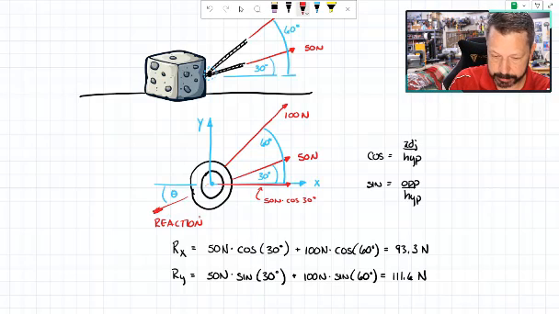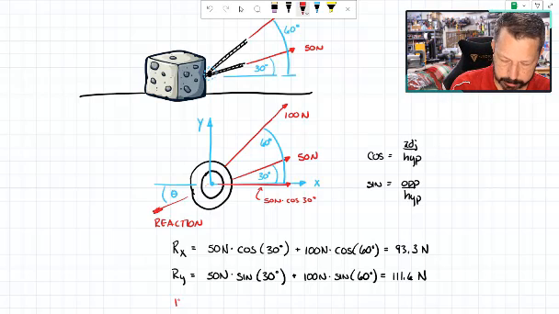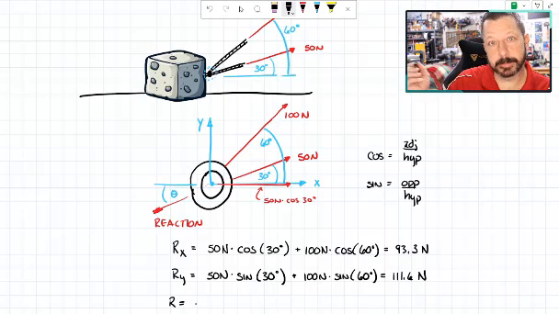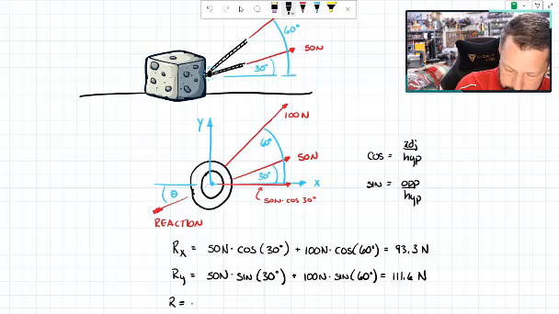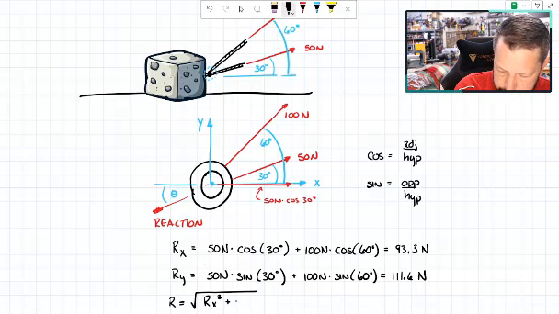So the actual resultant, to get the magnitude R, you would use the Pythagorean theorem. A squared plus b squared equals c squared. In this case, Rx squared plus Ry squared equals R squared. So R equals the square root of Rx squared plus Ry squared.